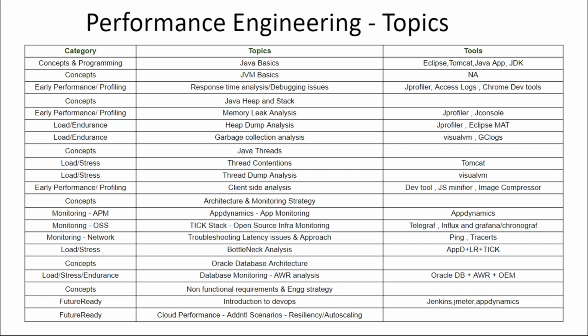So from Oracle database, we'll try to learn from a concept perspective how Oracle database is built, the process architecture, the memory architecture, and then we will try to understand what are the various bottlenecks that can start coming from a database perspective. We'll try to learn a couple of key concepts about parsing within Oracle, caching, the buffer cache, and how a poor query can impact the response time.